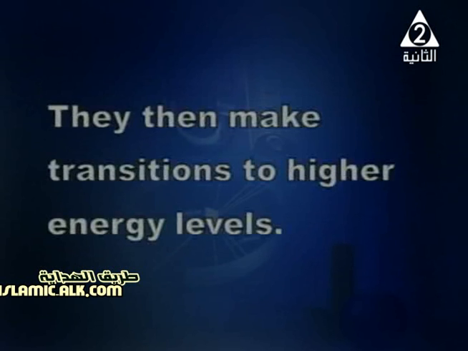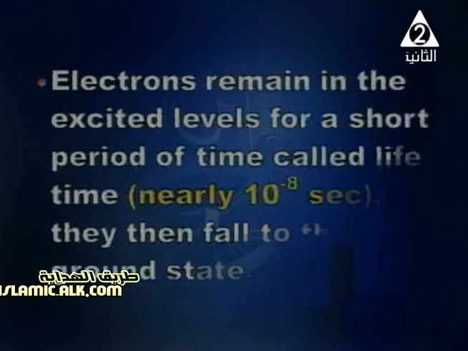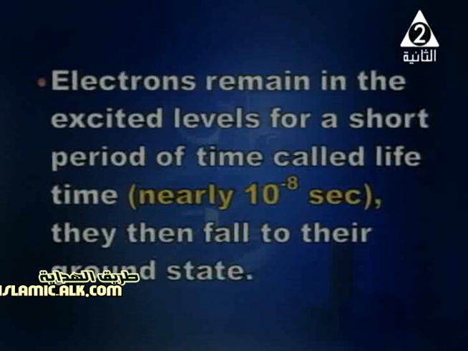They then make transitions to higher energy levels. Electrons remain in the excited levels for a short period of time called lifetime. It is about 10 to the power of negative 8 seconds. Then they fall to their ground state.